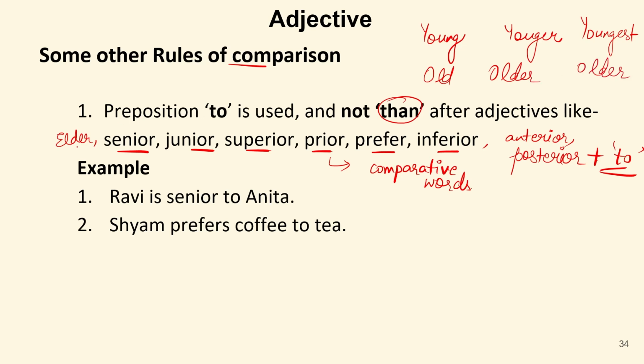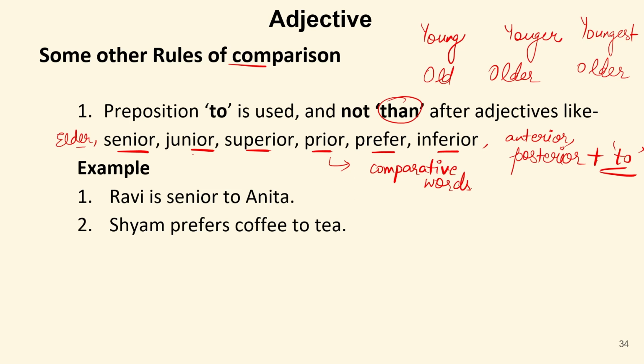But in case of elder, senior, junior, and so on, whichever word we are seeing over here, can we have any positive degree of any of these words? No. We do not have any positive degree of senior. We do not have any positive degree of junior. We do not have any positive degree of the word superior.